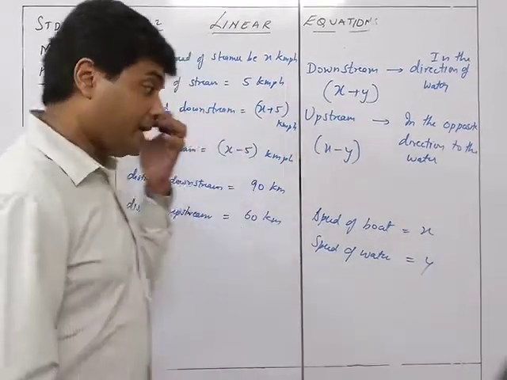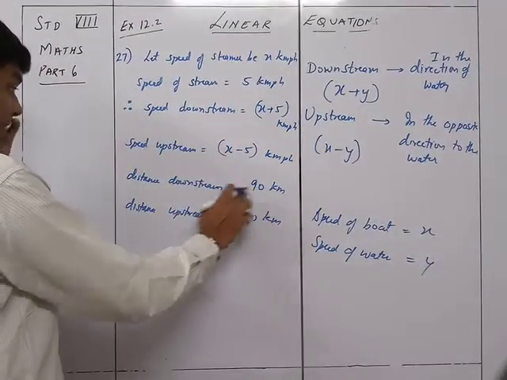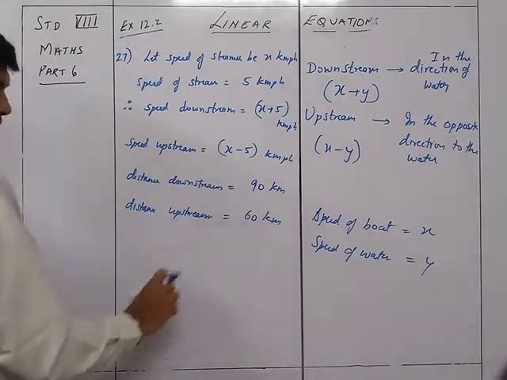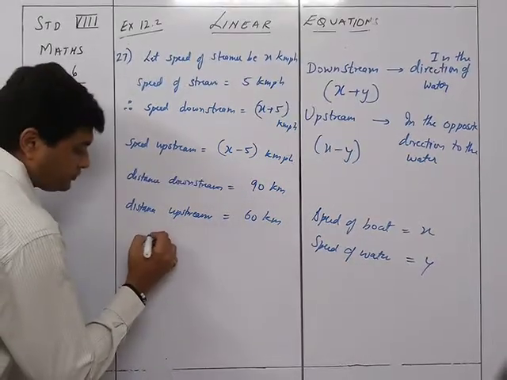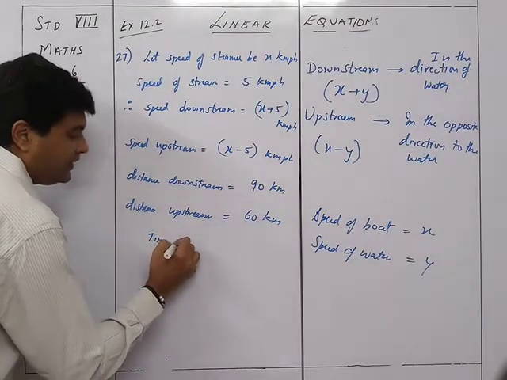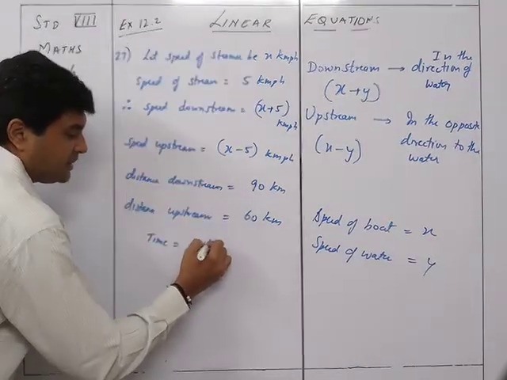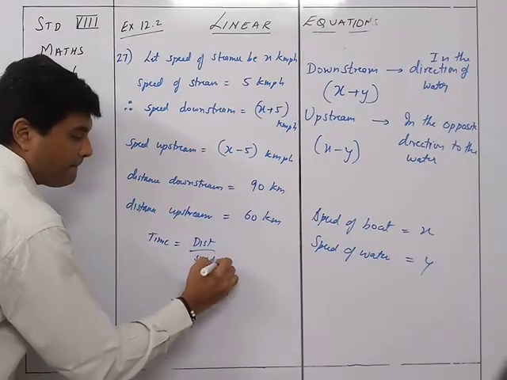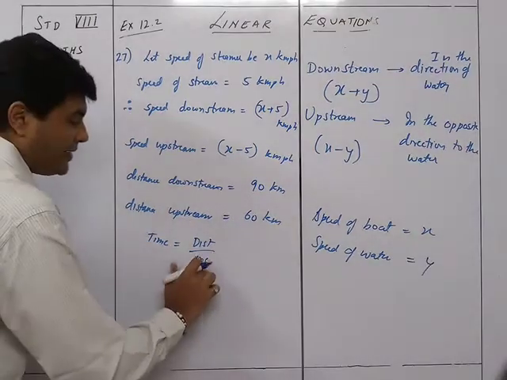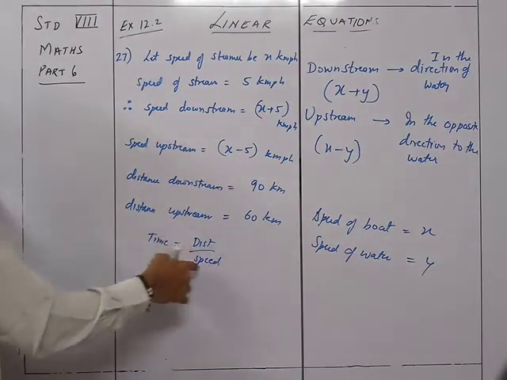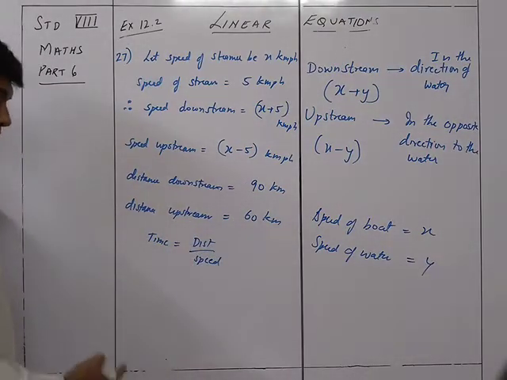Got it? They have given you the distance, this much downstream and this much upstream. Now we know that speed is equal to distance upon time, so time is equal to distance upon speed.